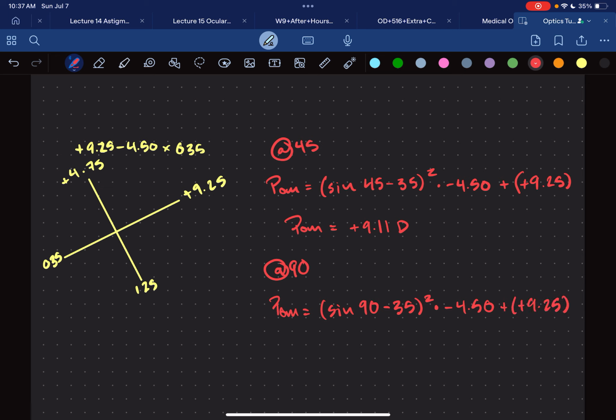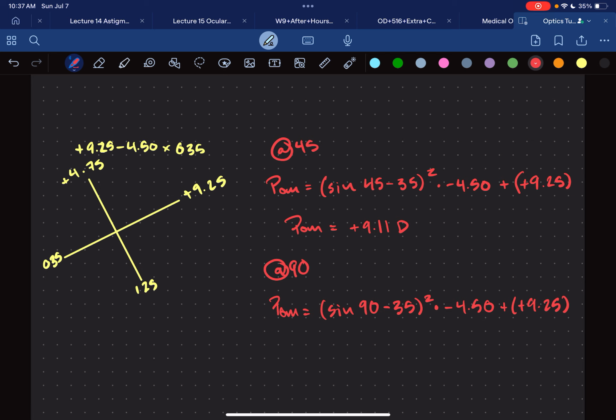Okay, so 90 minus 35 is 55, so we'll do the sine of 55, square that, and then multiply it by negative 4.5, and then add 9.25.